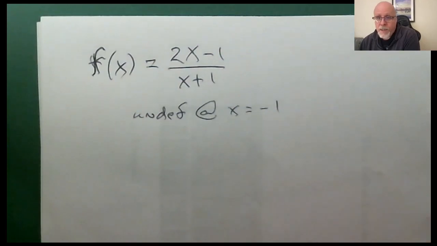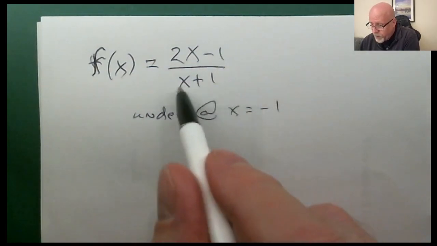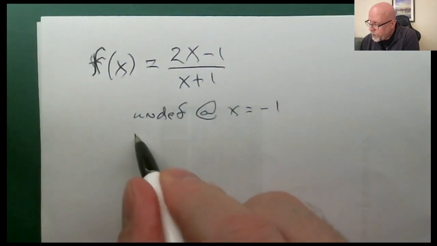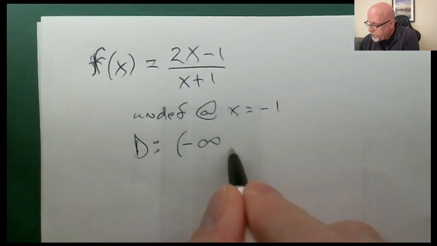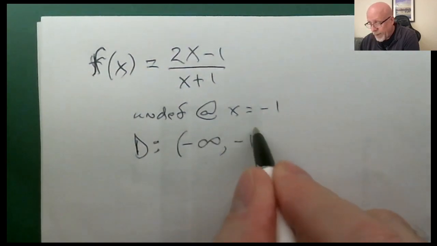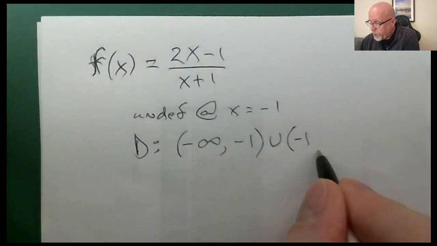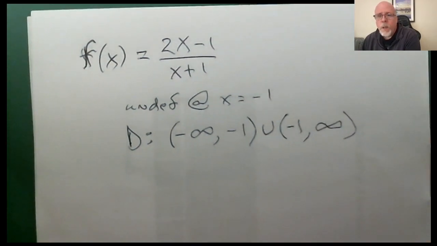But other than that, it's good, right? You can stick any value you want into x other than that minus 1, which is going to make it have division by 0. So our domain for that guy is everything from minus infinity up to negative 1, not including that point, union with everything to the right of minus 1. So minus 1 off to plus infinity. Boom.